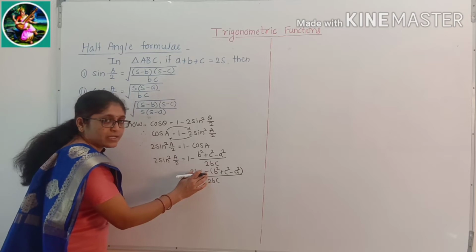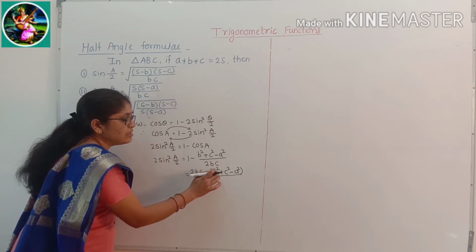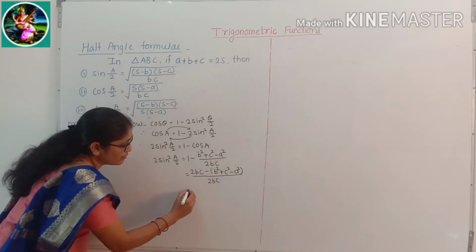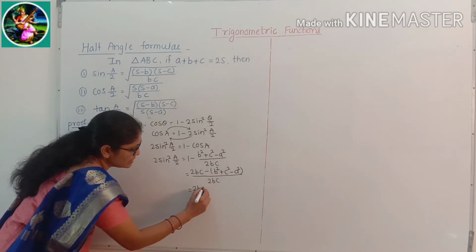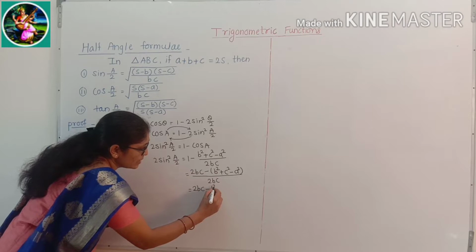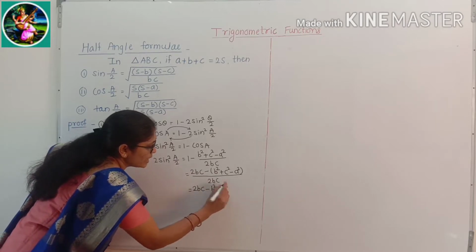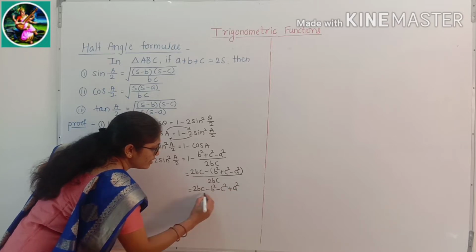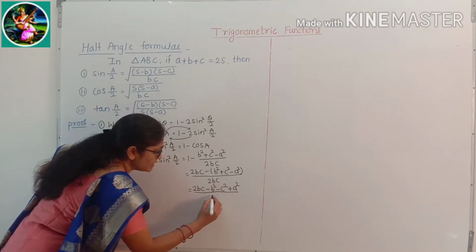Because of that minus sign, we change the signs of each term in this bracket. Here we get 2bc minus b square minus c square, and that minus becomes plus a square, divided by 2bc.